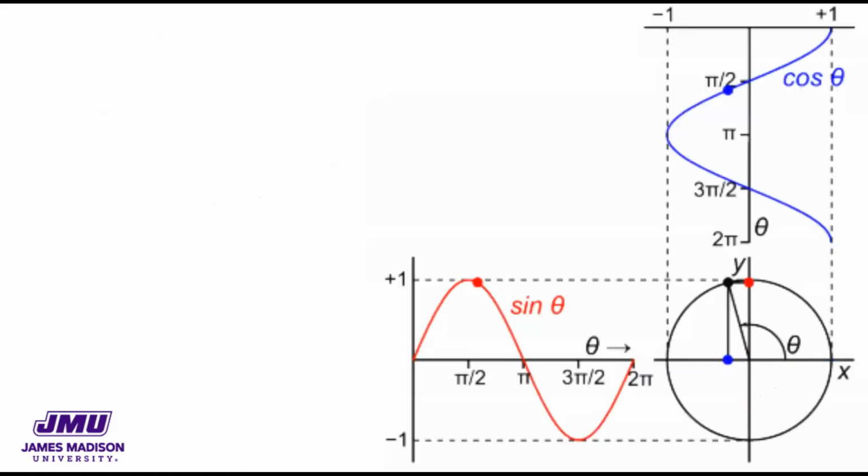I will also note that in the reference frame of the origin of the circle, the position of a particle that's moving in circular motion in the x is cyclic and sinusoidal. That is, x as a function of t is sinusoidal. Also, y as a function of t is sinusoidal.